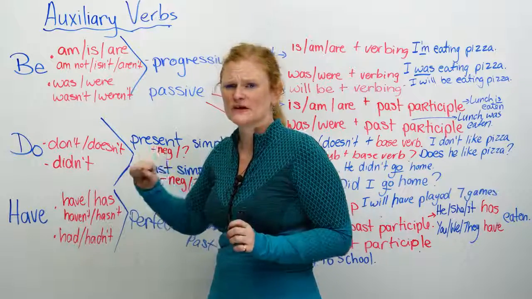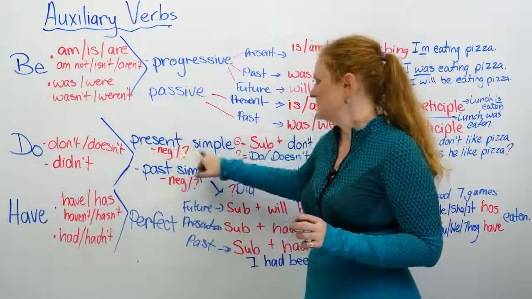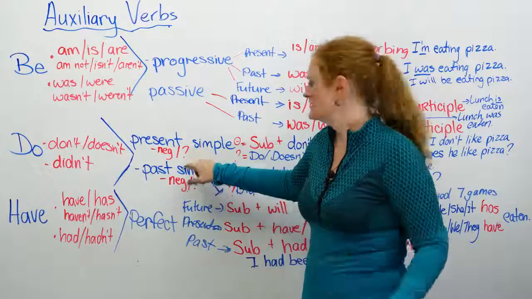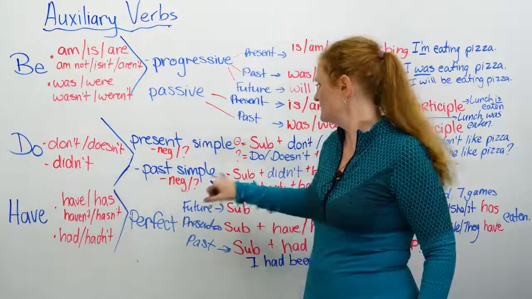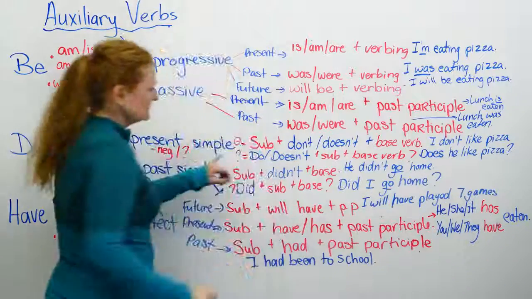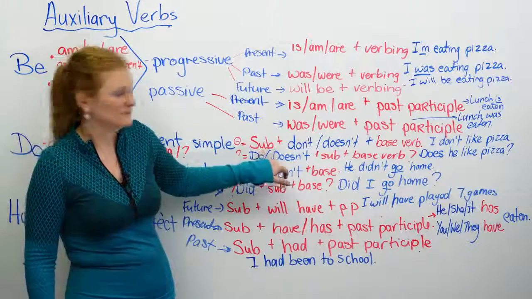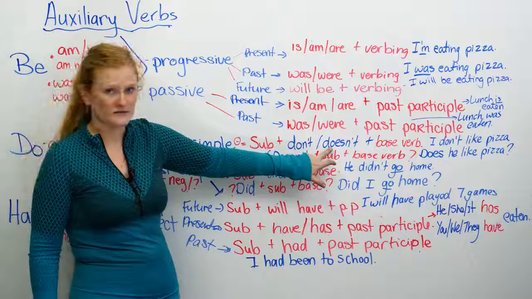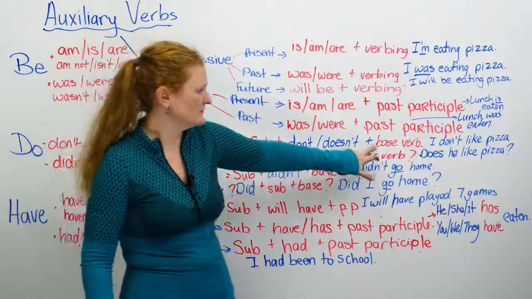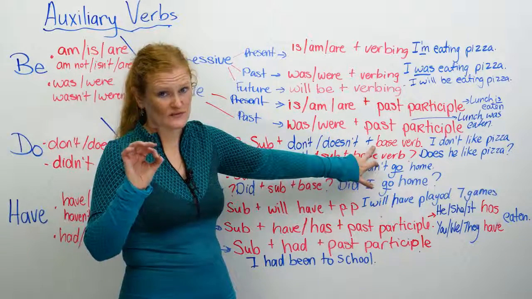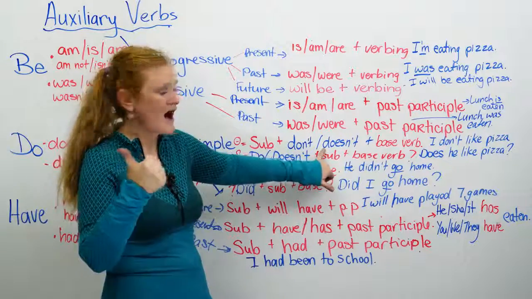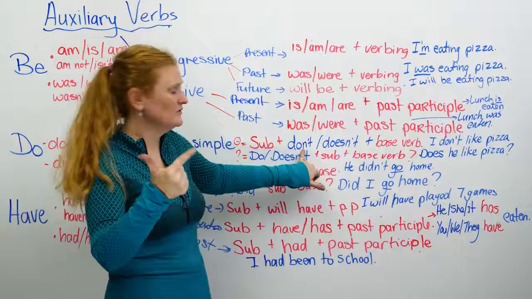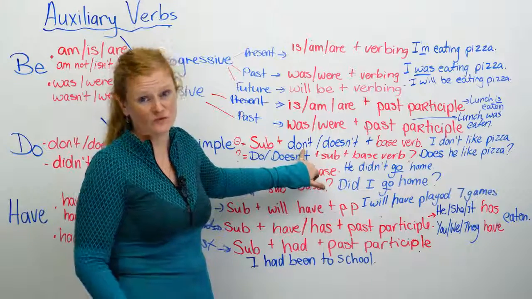So let's check out first the simple present, or present simple. We only use this auxiliary verb for the negative and the question form. So in the negative, we're going to use subject plus don't or doesn't plus the base verb. Now, this is where English gets tricky, and you have to remember that if it is I, you, we, and they, we use don't.